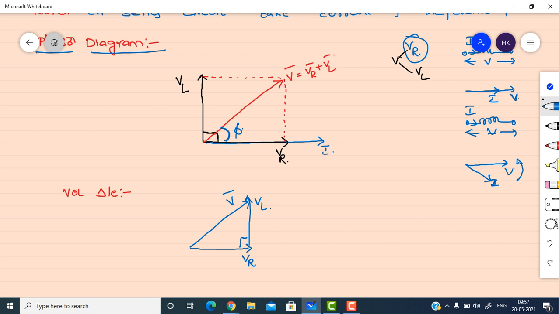If it is a pure inductor, current passing through a pure inductor, we can say that current lags the voltage by an angle of 90. But this is the combination of the resistor and inductor, a series RL circuit. So in this case, is your current leading with respect to the voltage or lagging with respect to the voltage by an angle of phi?